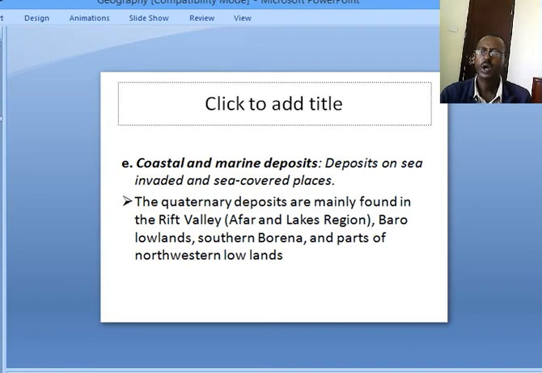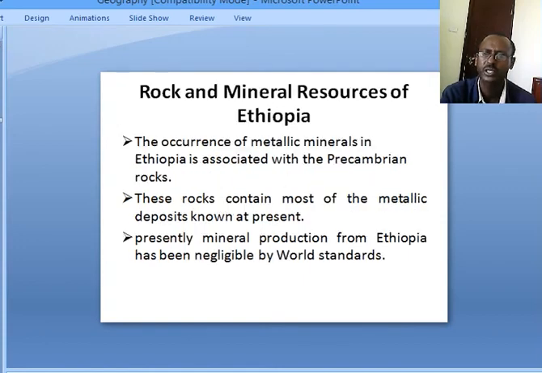The fifth one, coastal and marine deposits, are deposits on sea-invaded and sea-covered places. The Quaternary depositions are mainly found in the Rift Valley, Afar and Lakes region, Borena lowlands, southern Borena, and parts of the northern lowlands of Ethiopia. These are what we call Quaternary deposits.